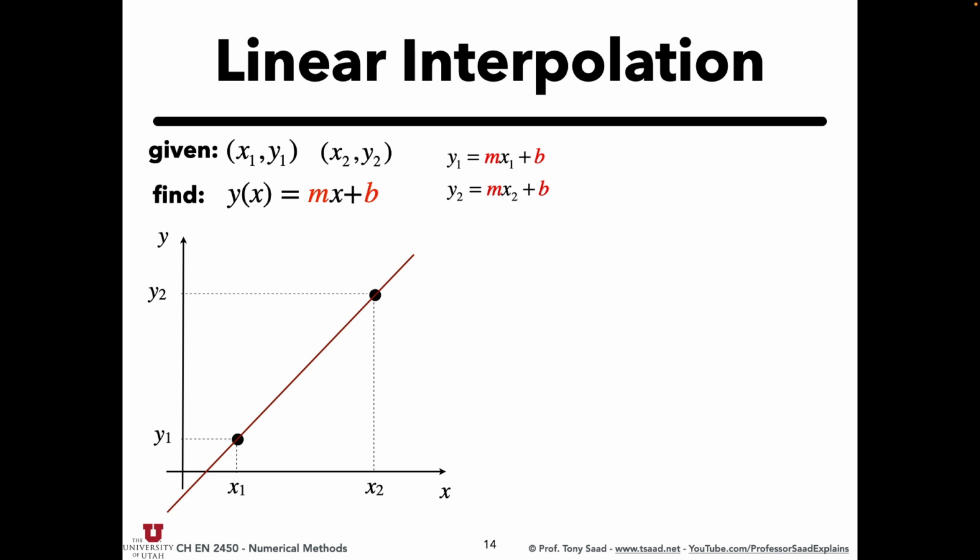That's a linear system of equations in m and b, in the coefficients, not in x and y. Previously, we were writing Ax equals b, with x as the solution vector. Here we've swapped things. x1 and y1 are known values.